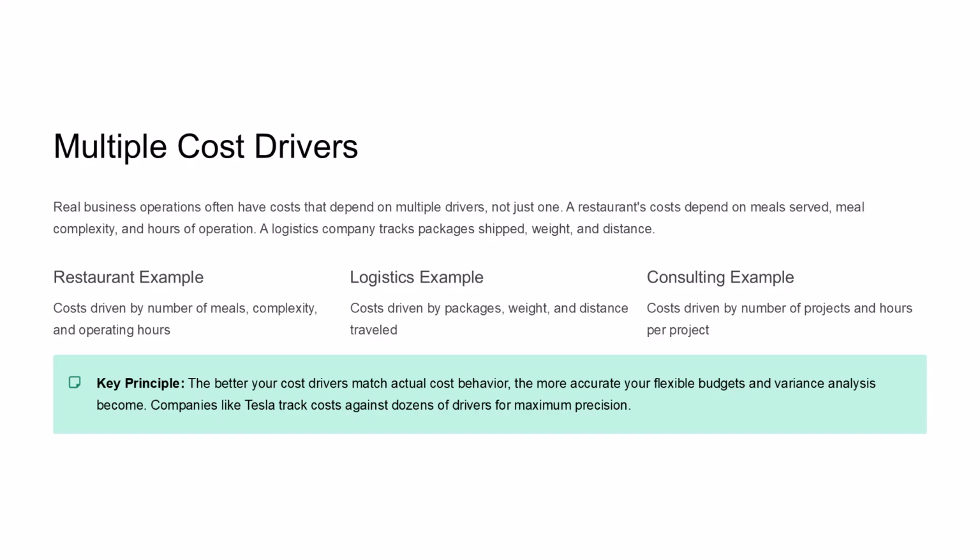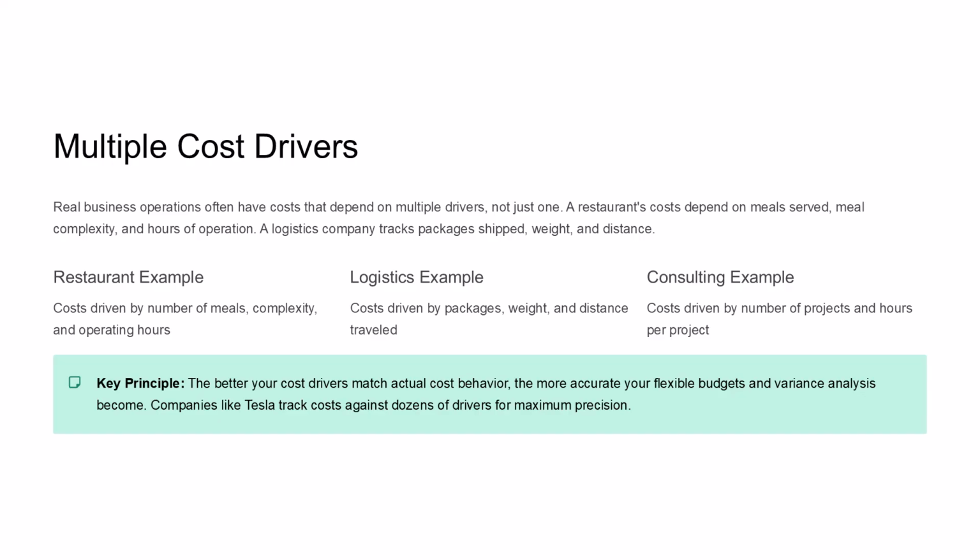Let's say Larry expands his lawn service to include edging and trimming in addition to basic mowing. The edging service is charged at $30 per hour, and different customers require different amounts of time. Now Larry's costs are driven by two factors: the number of lawns mowed and the hours of edging provided.